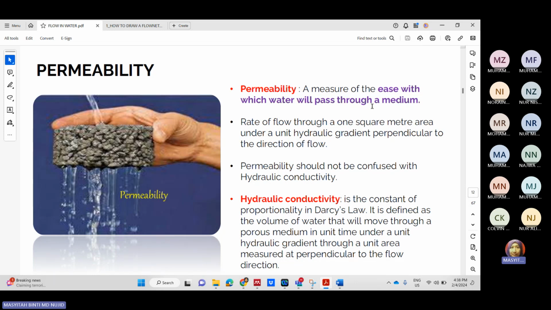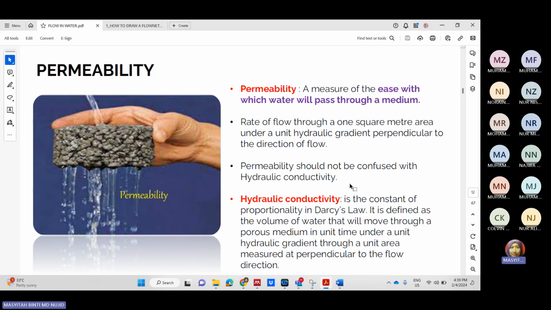So senang cerita, kalau air itu mudah lalui, that is the permeability definition. Another definition: the rate of flow through a 1 square meter area under unit hydraulic gradient perpendicular to the direction of the flow. It should not be confused with hydraulic conductivity. Of course, they are totally different because permeability dia punya kebolehterlapan. Hydraulic conductivity K does not stand for the permeability itself.